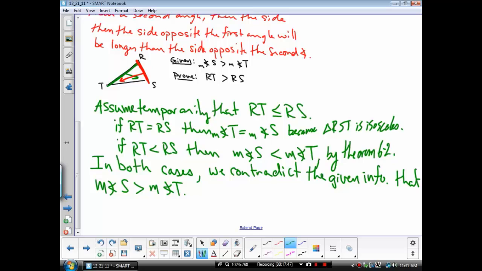So we have the first statement. The second statement will be, this means what we assumed is incorrect.